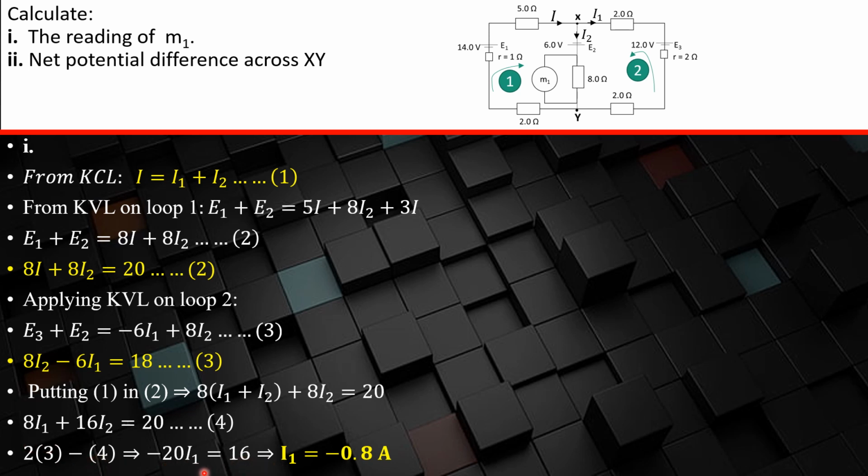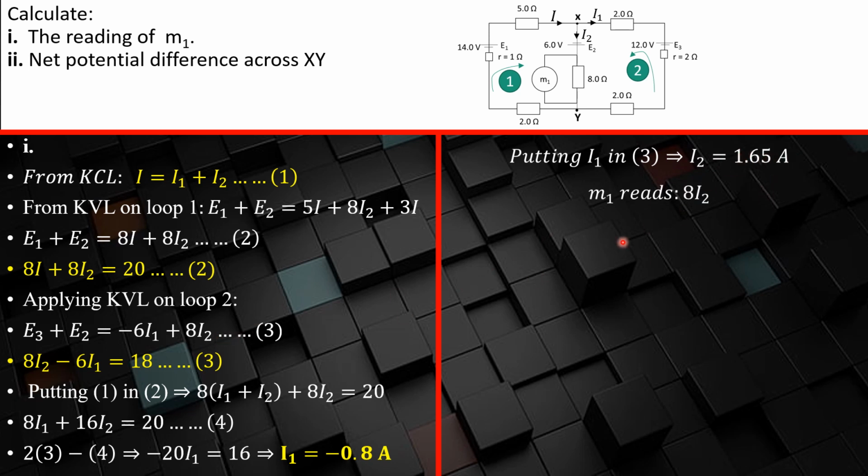I eliminate I2 and I'm left with just I1, and my I1 is negative 0.8 amperes. Negative tells me that this current does not flow in this direction; E3 here will drive current in the opposite direction, which is okay. Putting I1 back in, I get my I2 as 1.65 amperes.